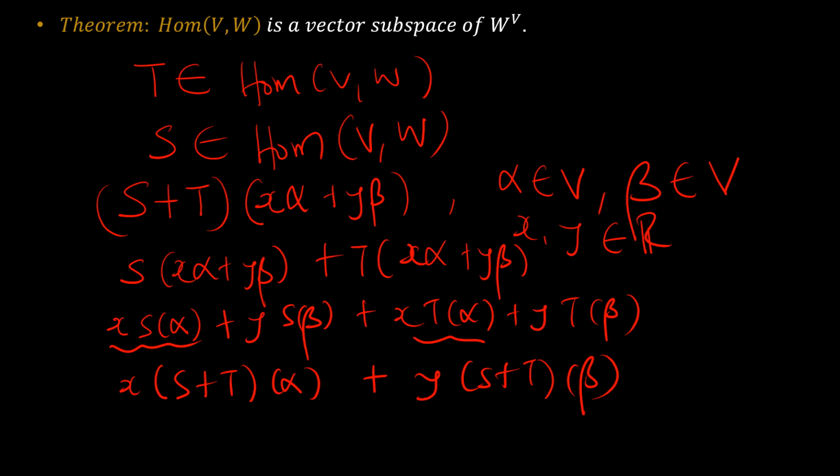Right? So we see very clearly that S and T is linear, and at the same time the homomorphism of V and W is closed under addition.